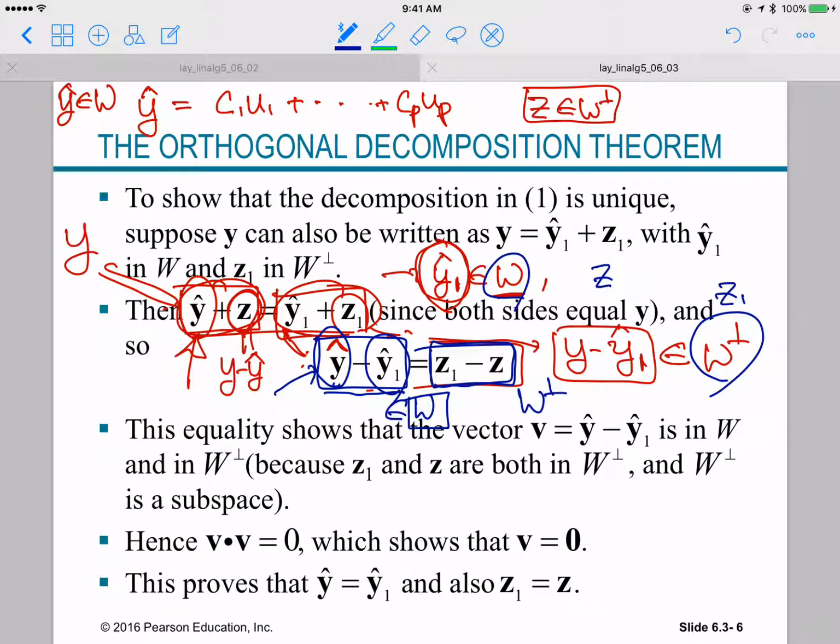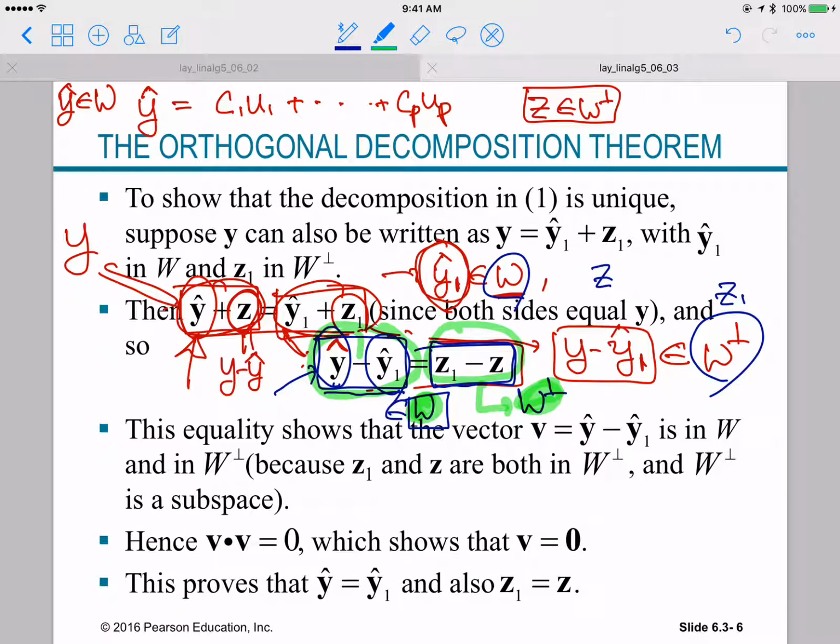Okay, so the two vectors are the same, but the first vector should belong to W, and the second vector should belong to W perpendicular. But let's remember the definition of W perpendicular.